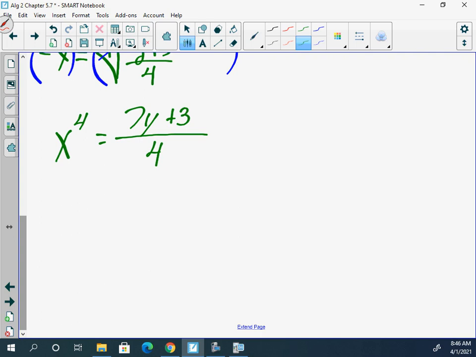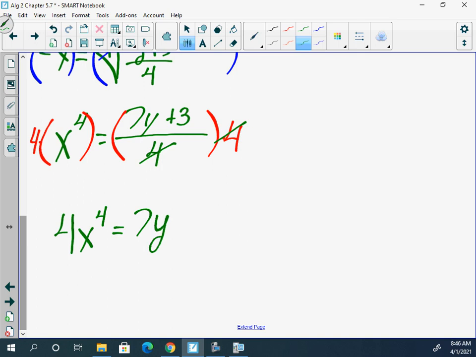What can we do next? Yes, we're going to multiply both sides by 4. Because really, when we multiply this by 4 over 1, we'd have a 4 in the numerator and denominator. So they would cancel. Over here, we're going to have 4x to the fourth equals 7y plus 3.